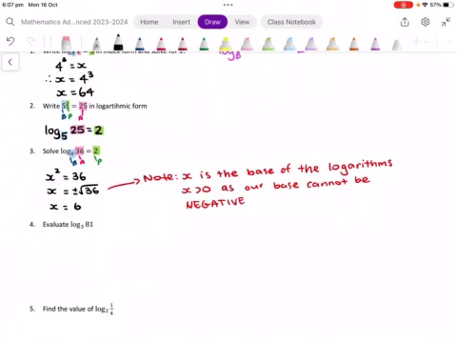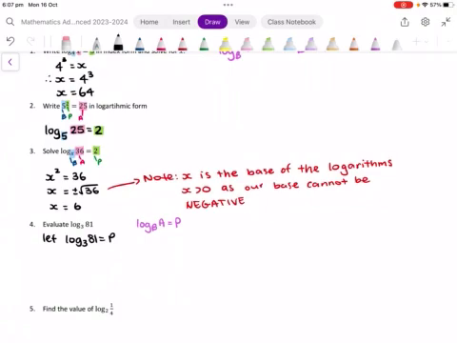Okay, our next one here is we want to evaluate log base 3 of 81. So what we're going to do is we know that we have this in the form of log BAP. So we could let log base 3 of 81 equal x, we could let it equal y, we could let it equal so many things, but because we're using log BAP, let's let log base 3 of 81 equal p.